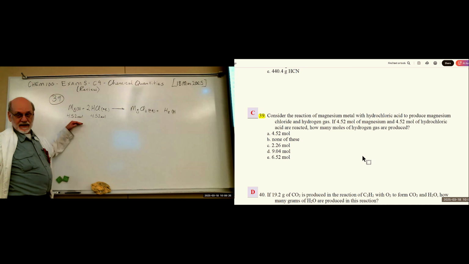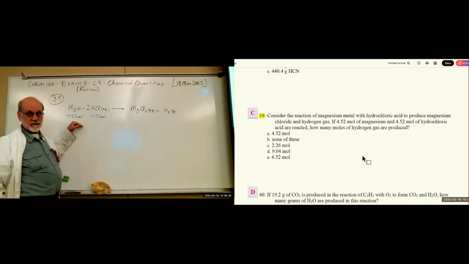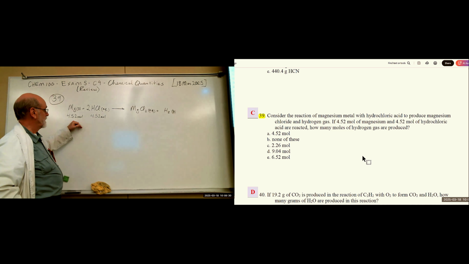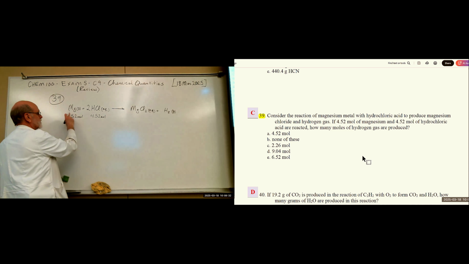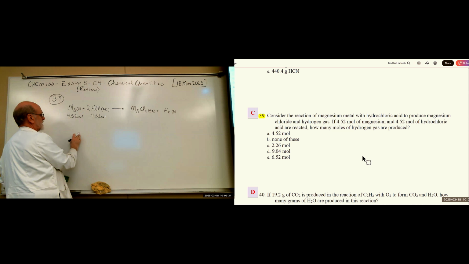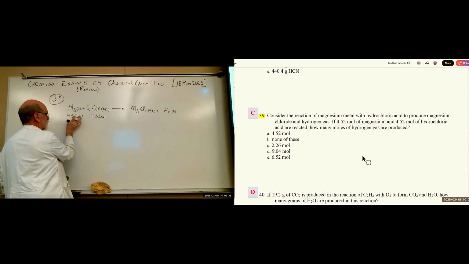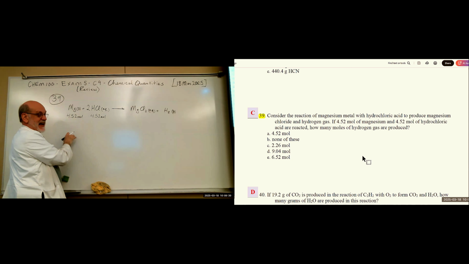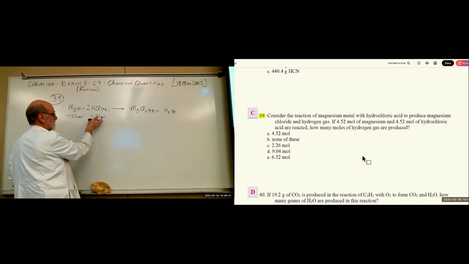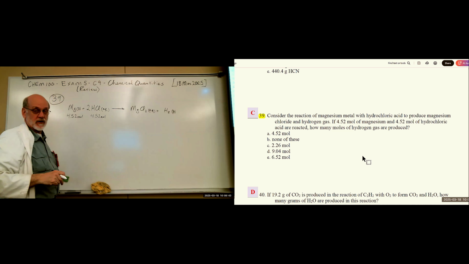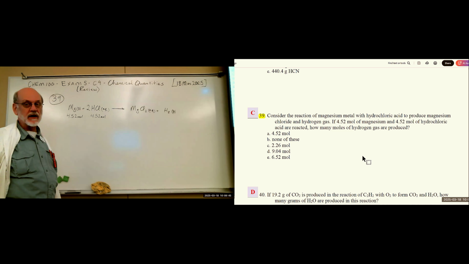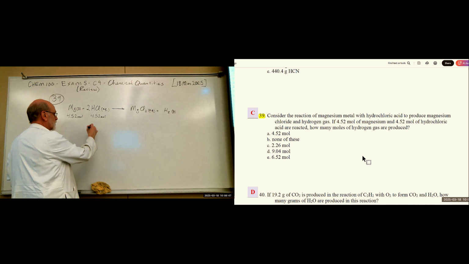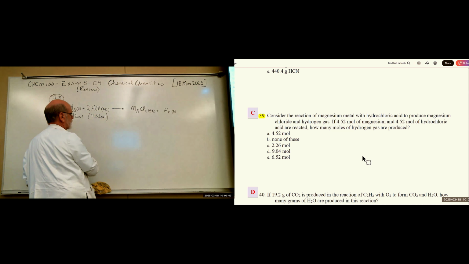Well, we're given an amount of each reactant, so one of them is going to be limiting. The ratio is for every one of these, you need 2 of those. So for one of these, we would need about 9 moles of hydrochloric acid, which means hydrochloric acid is going to run out. It's not enough of it. So we take this one as our limiting reactant.